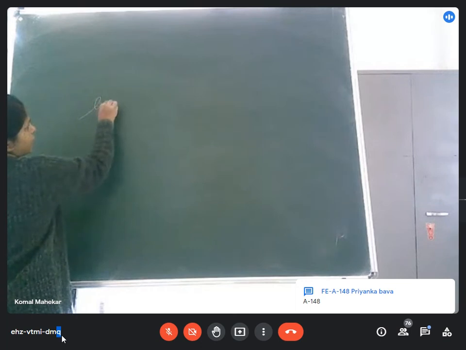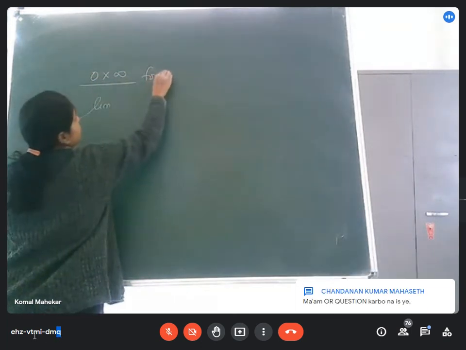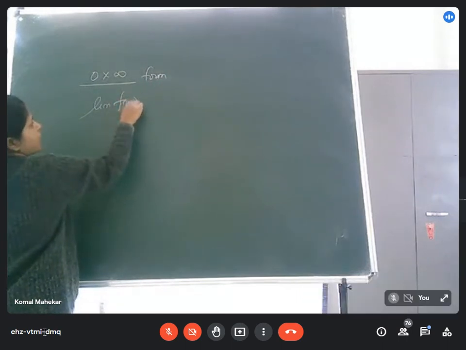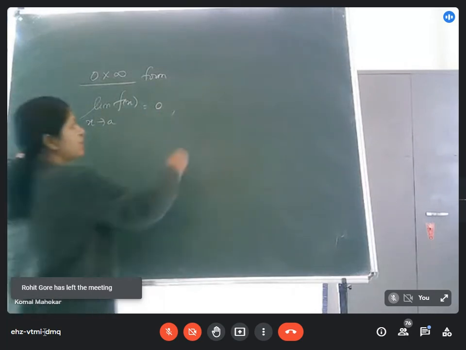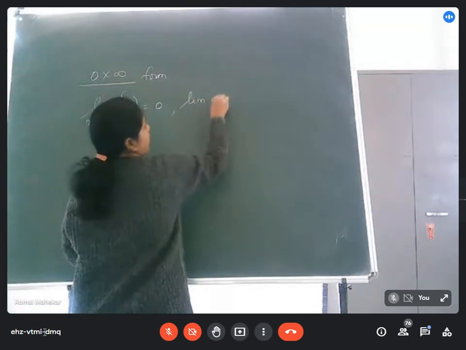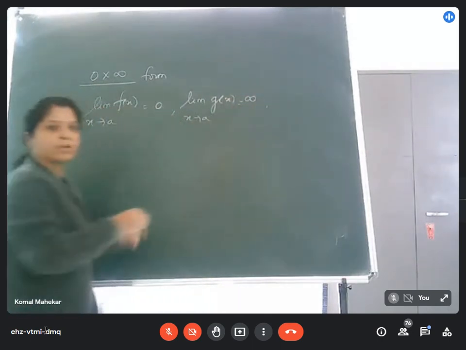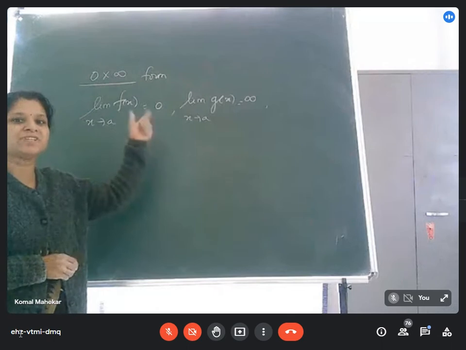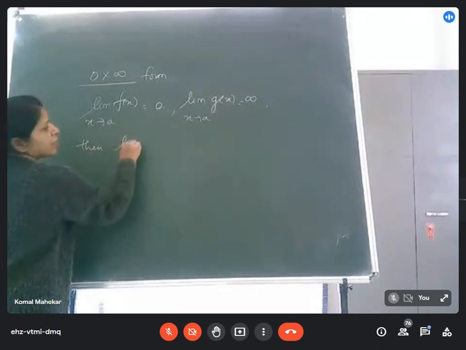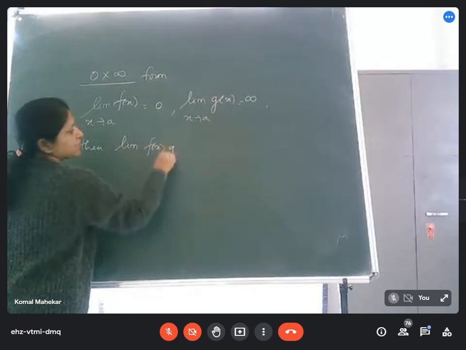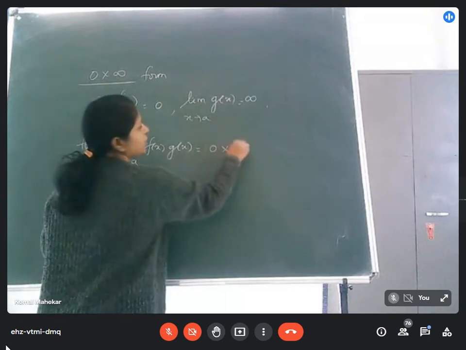See, in the third form, 0 into infinity form, if limit of the function fx as x tends to a is suppose 0, and limit of the second function gx as x tends to a is infinity, limit of first function is 0, limit of second function is infinity, then limit of their product, that is fx into gx as x tends to a, will take 0 into infinity form.